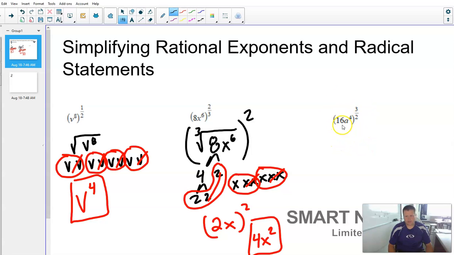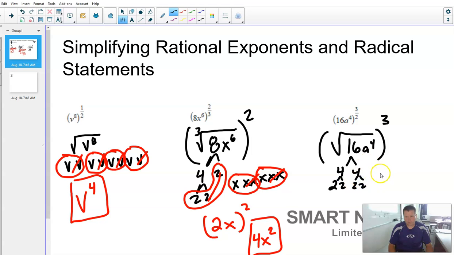Okay, let's look at this one here. We've got 16a to the 4th to the 3 halves. So we're going to change this one's form. So we're going to go the square root of 16a to the 4th, and then my power is going to be 3. So take care of this 16 first. So I have 4 and 4, and then 2 and 2 for both of them. And then for a, I've got a, and a.